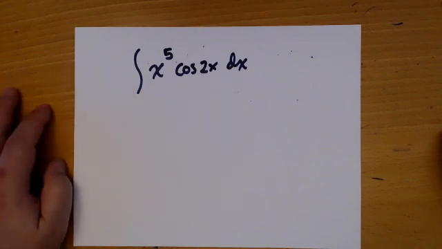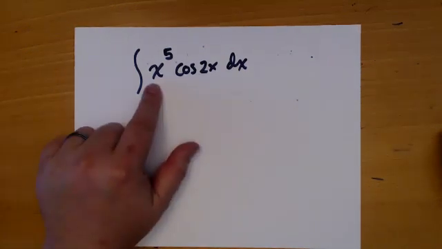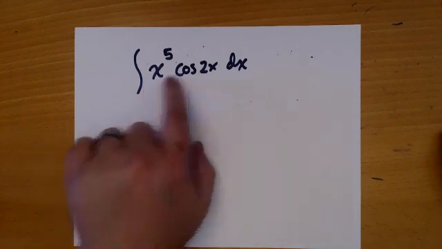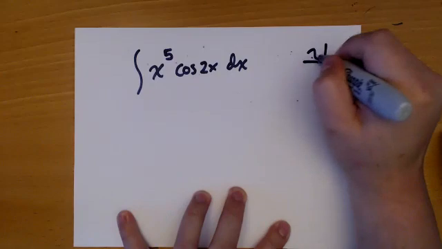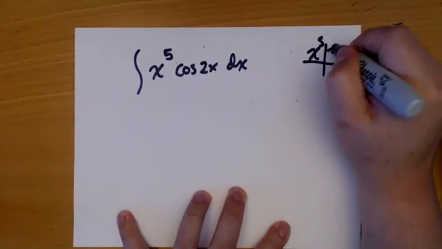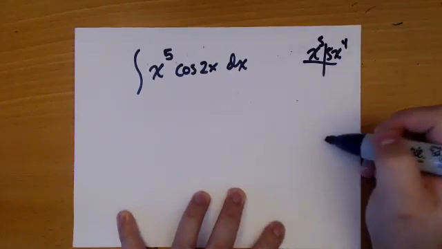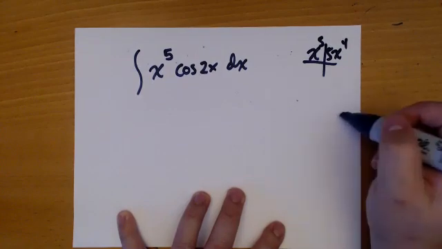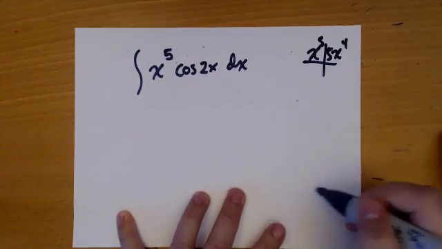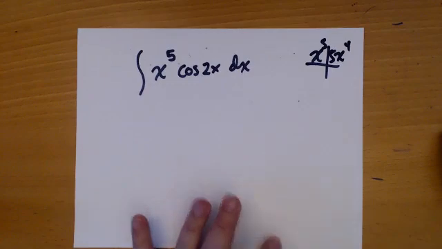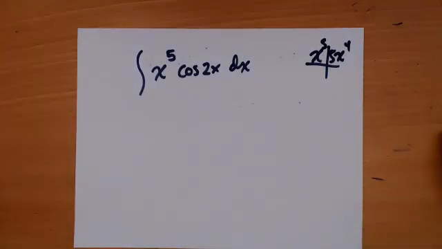Because what are you going to have to do? Every time you do an integration by parts, it's going to knock this guy down one derivative, right? The first time, x to the 5th goes to x to the 4th, then x to the 4th, x to the 3rd, x to the 3rd, x to the 2nd, and so on. You'd have to do this 5 times, right? And that just kind of sucks.